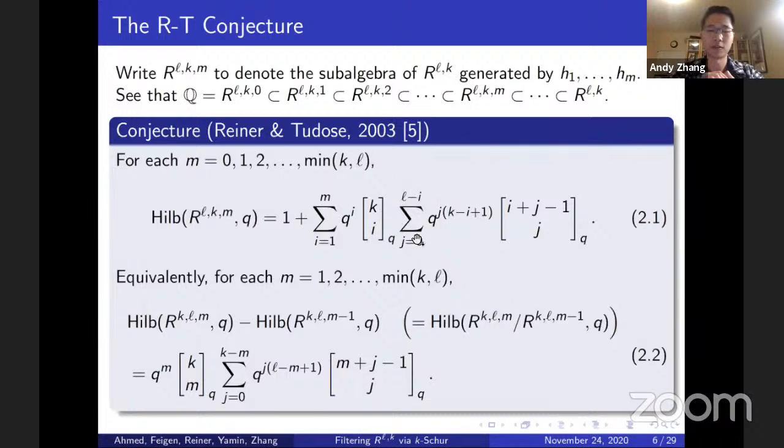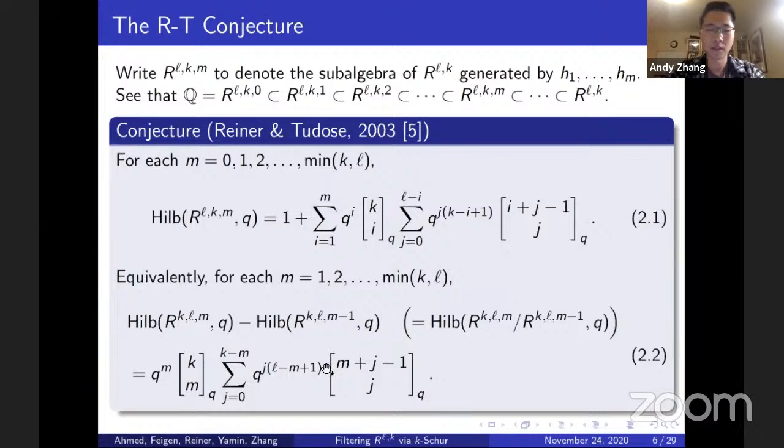It's very difficult to get familiar with this complicated binomial coefficient expression, so we could simplify it by stating it in another form. You can take the difference between consecutive Hilbert series, and this allows us to remove one of the double sums, but it still looks very complicated.